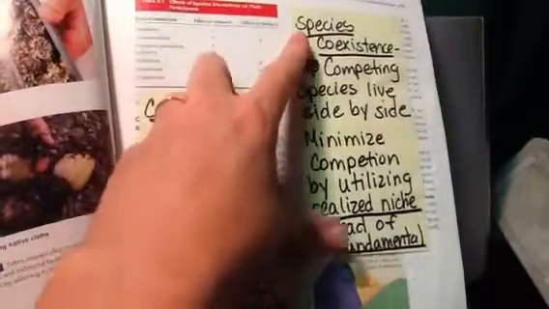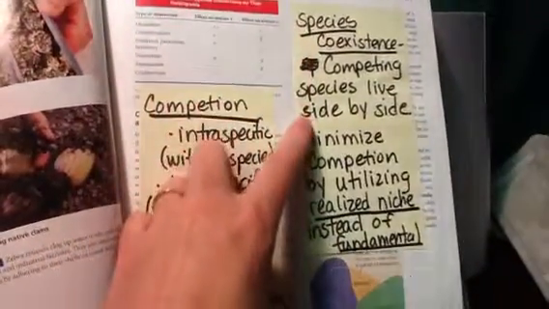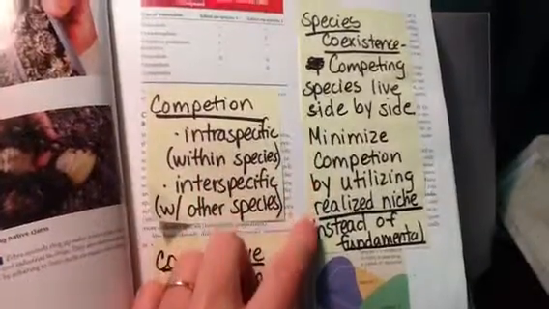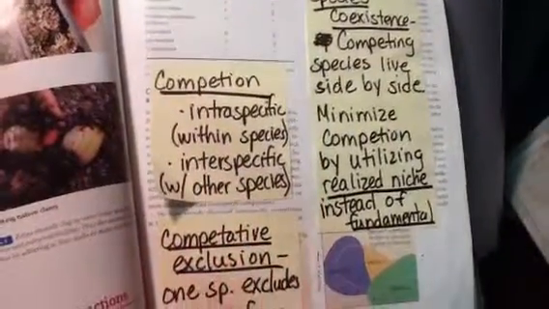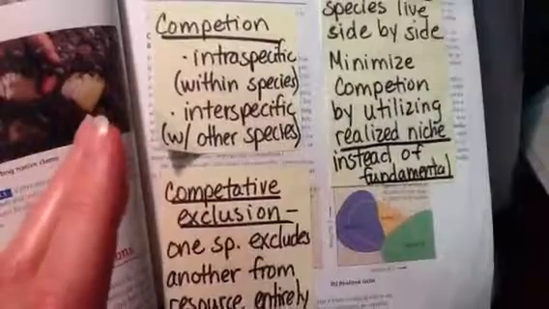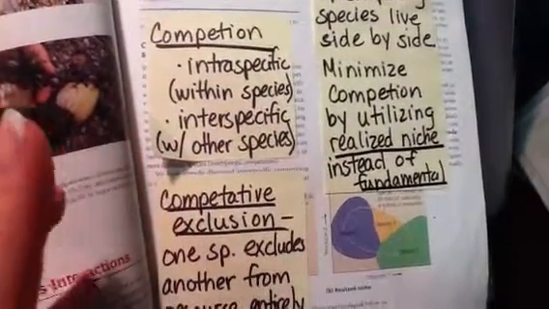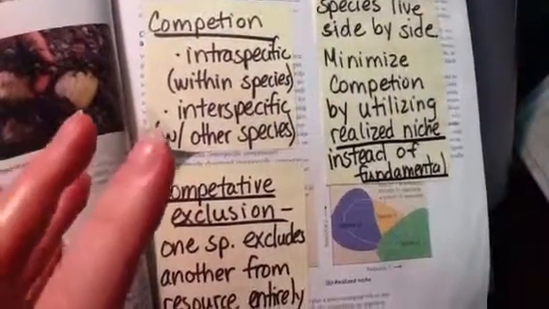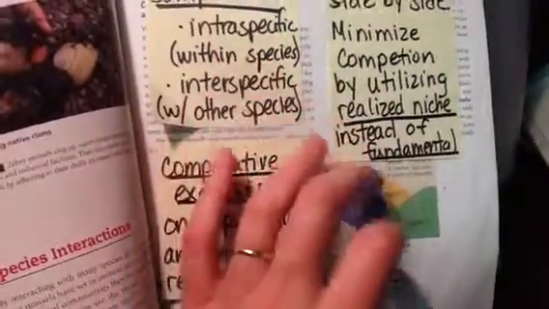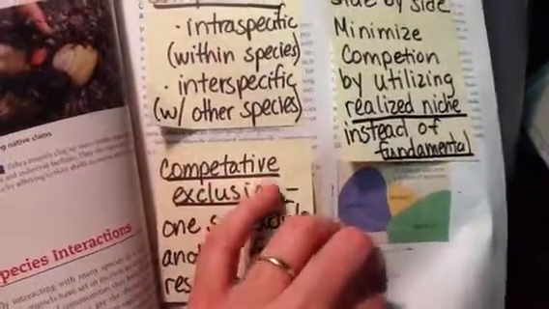So species do coexist, live side by side to minimize competition. And they do this because species do not really want to directly compete. It takes a lot of energy to fight and compete. And so if they can divide up the resources, it's much better. When you go on to page 152, you can see another example of this.